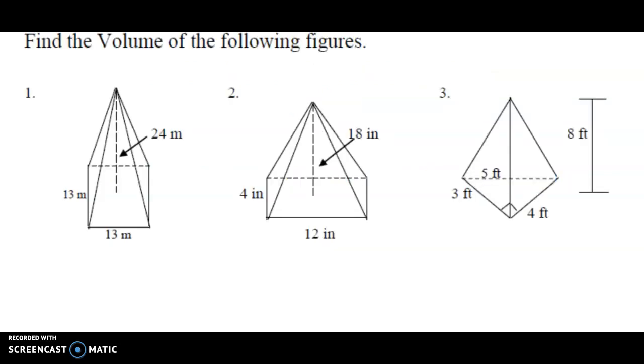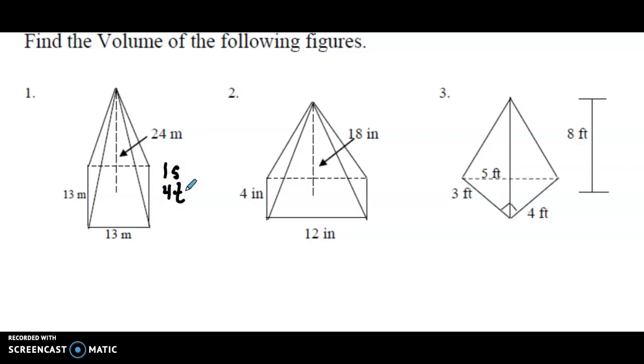So let's take a look here at number 1. Again, when I'm asked to find the volume, the first thing that I do is I count up all the shapes that are in here so I can identify what shape it actually is. So the first shape I see here is a square, and I notice there's only one of them. And then I look and there's triangles, and there's 1, 2, 3, 4 triangles.